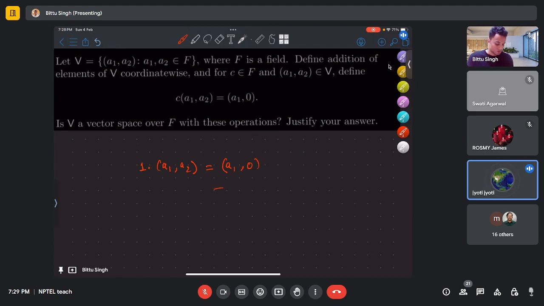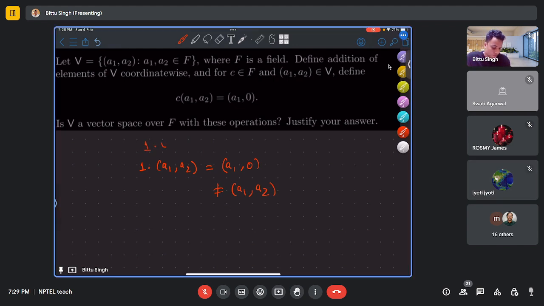So due to the rejection of this property, we can say this is not a vector space, because for a vector space multiplying by 1 should give the same element. But we can see that it is not correct. Multiplying with 1 does not give the same thing. So yes, it is not a vector space.